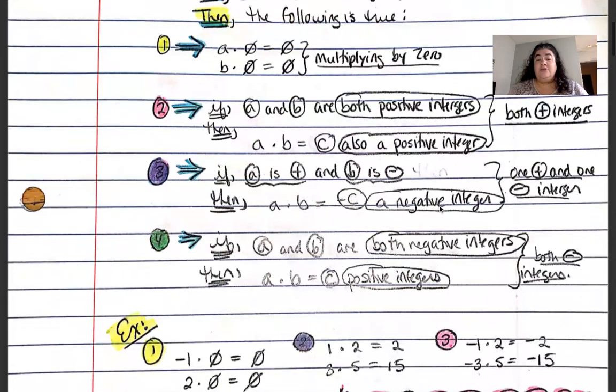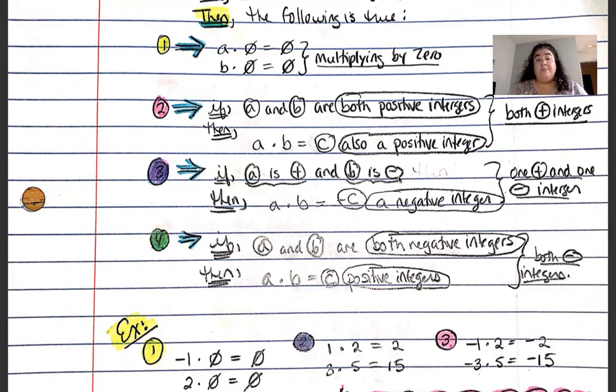If we move on to what if a is a positive integer, but b is a negative integer? What is the rule that applies here for when one is positive and one is negative? The rule is that if a is positive and b is negative and we multiply them together, their product, c, will be a negative integer.